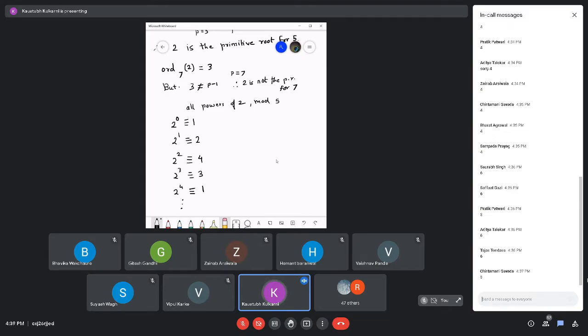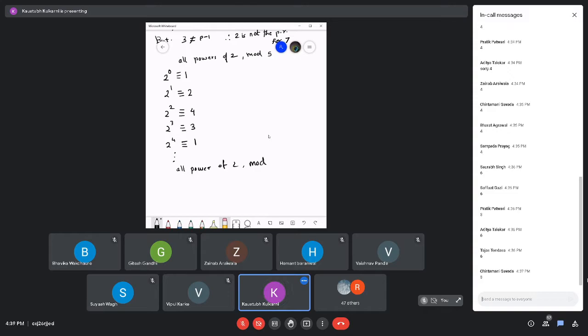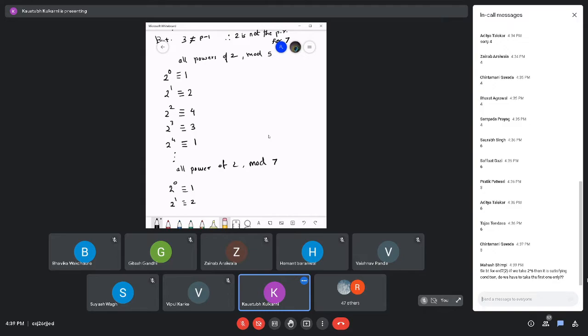Whereas the same thing, if we consider powers of 2 modulo 7, where we know that 2 is not a primitive root for 7. So for 2 raised to 0, 2 raised to 1, 2 raised to 2, then 1, and from here it will again repeat itself.